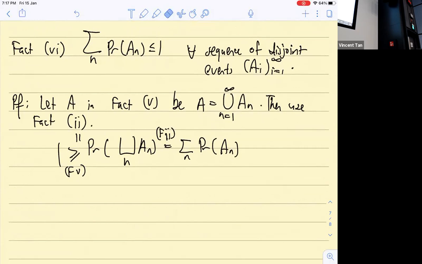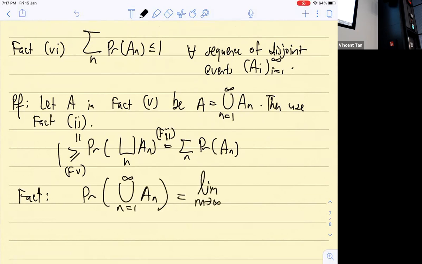The next one requires a lot of work. All right? Probability of the union of A_n, n equals 1 to infinity, equals the limit as m goes to infinity of the probability of the finite union of A_n, n equals 1 to m. This actually has a name. It's called continuity of measure.